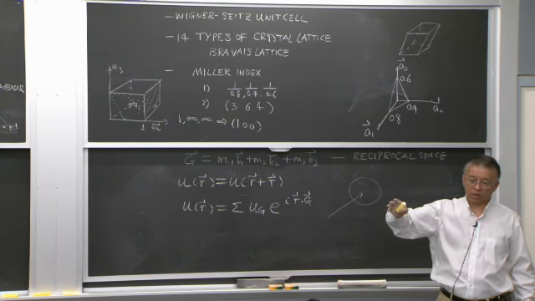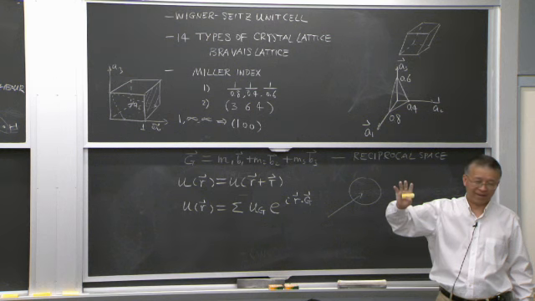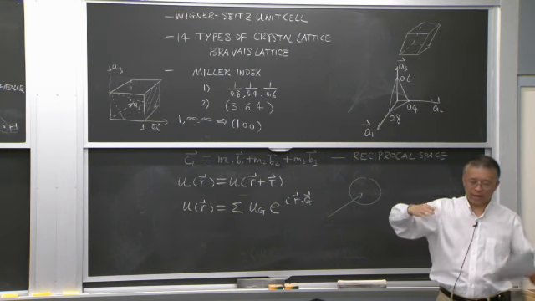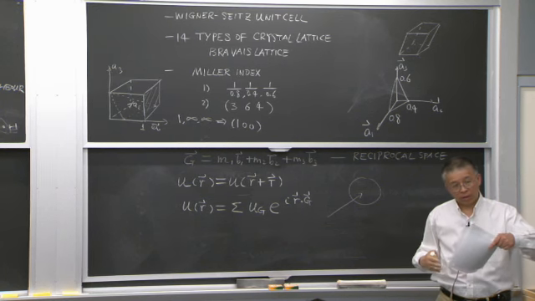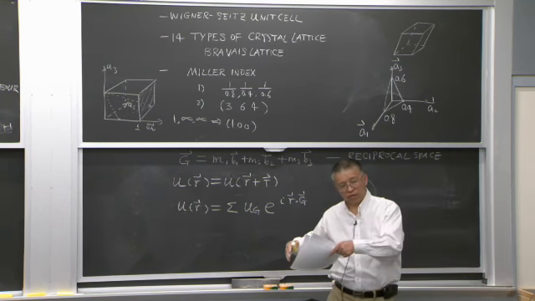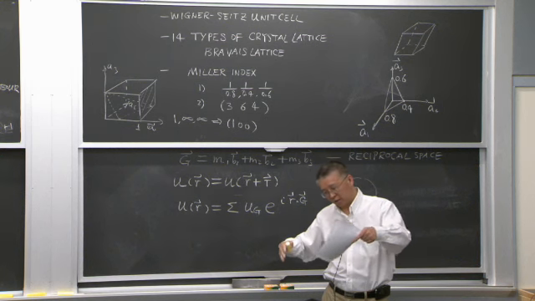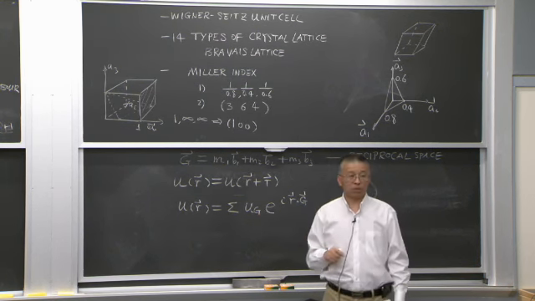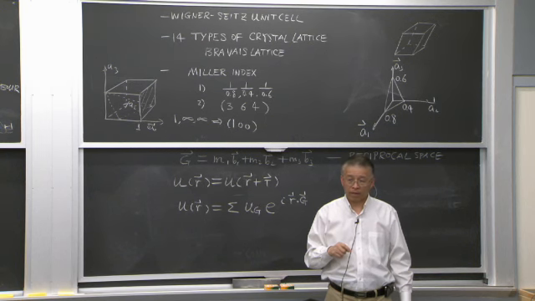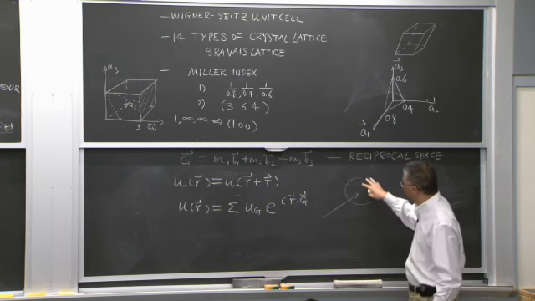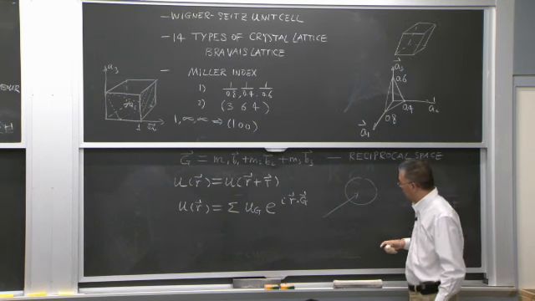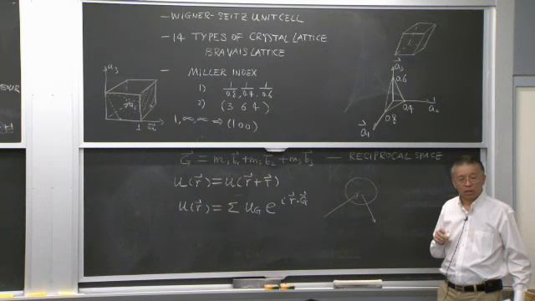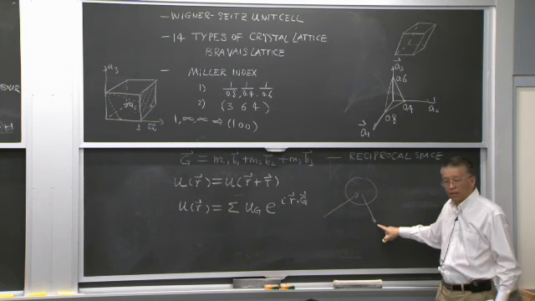Any periodic structure, next time I'll bring one, if you shine light onto a grating, you only see the light reflected in discrete spots. So if I have a periodic array of atoms, only in certain directions will you see the light come out.